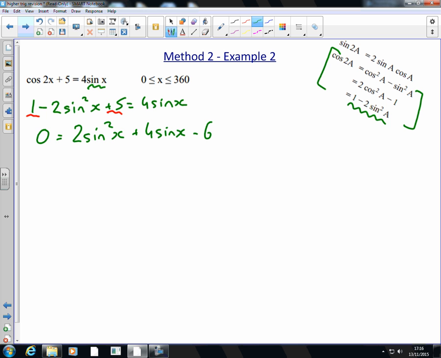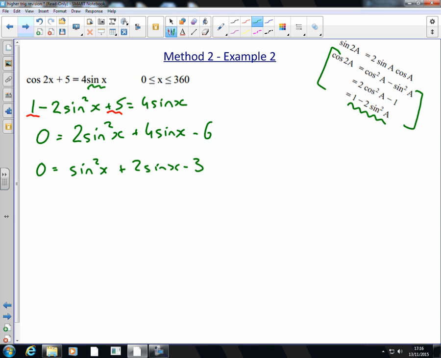Okay, there's a common factor of 2 there, that's nice. I'm going to take out that common factor of 2, so it's going to be 0 is equal to sine squared x plus 2 sine x minus 3. And we need to factorise. Now factorising is easy for us now. The signs might make it a little bit more tricky.